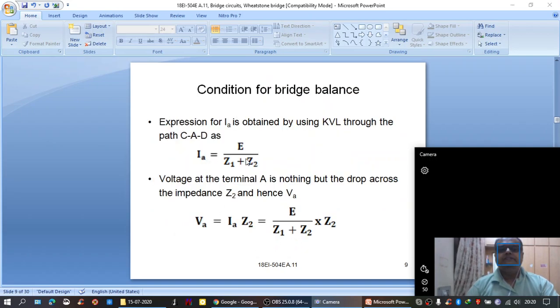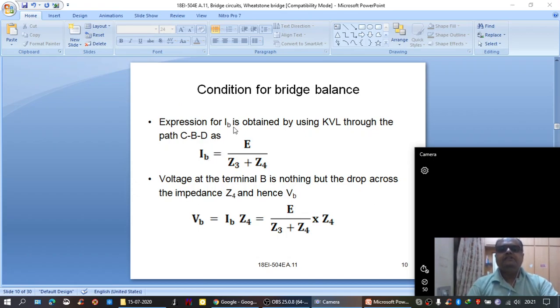IA is equal to E by Z1 plus Z2. Voltage at terminal A is nothing but the drop across the impedance Z2, and hence VA is equal to IA into Z2. In turn, IA is E by Z1 plus Z2 into Z2. This is VA.